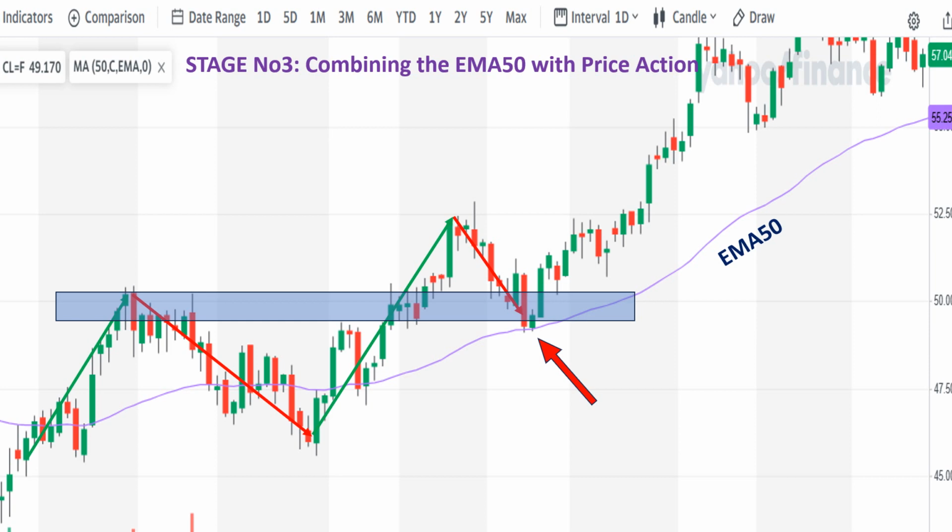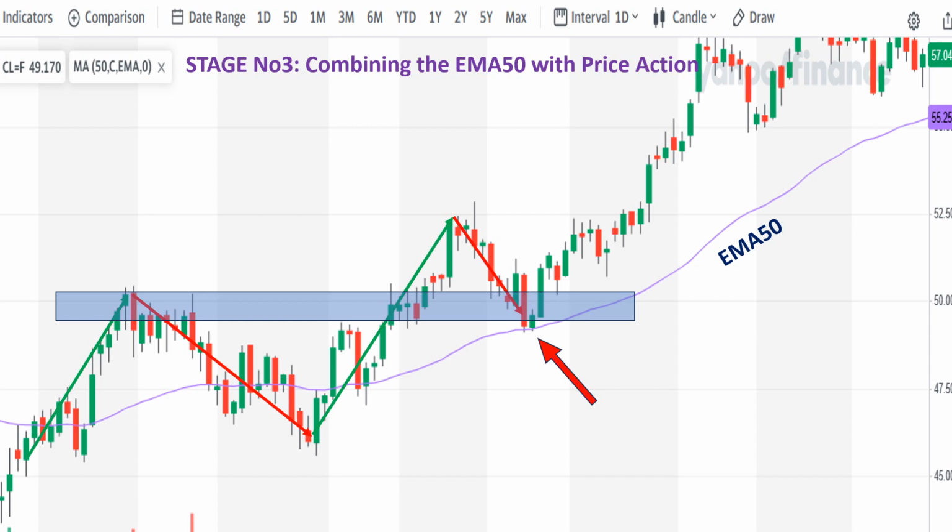It is imperative to understand the specific criteria I employ to recognize this 50-period moving average as a support level. Firstly, as long as the candlesticks remain above the 50-period moving average and maintain contact with the EMA50, I consider it a valid support.